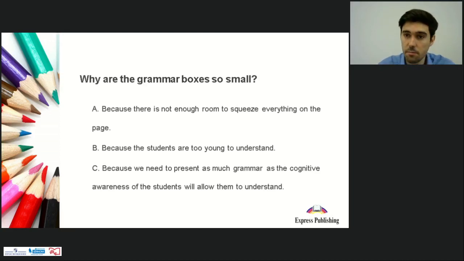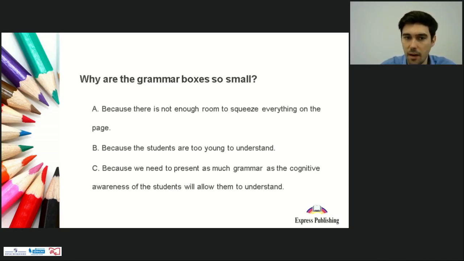At primary levels, many of our primary learners will still be developing their cognitive skills, and it's in this way that we need to present grammar in a way that will be familiar to them. We won't focus heavily on grammar structures or the meaning of grammar, what it actually means and the grammar rules, but more just how to acquire the language, how to acquire the grammar through careful practice and through activation of the grammar.